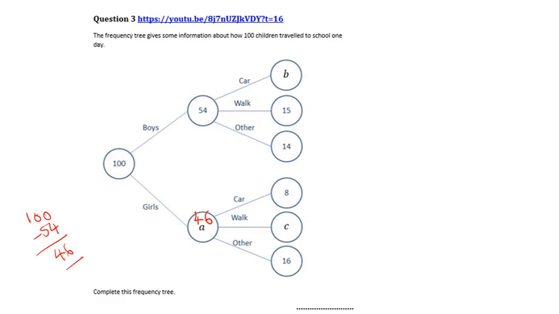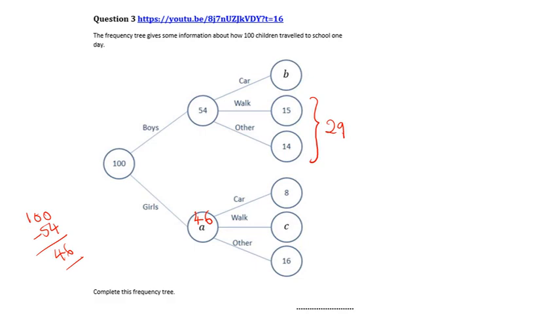If I come up to the boys section here, we've got these 54 students. They either take the car or they walk or other mode of transport. The walk plus other comes to 29. But altogether, we've got 54 here.